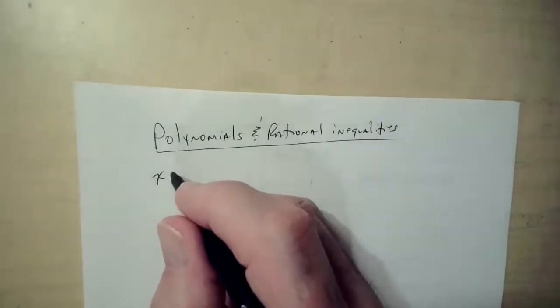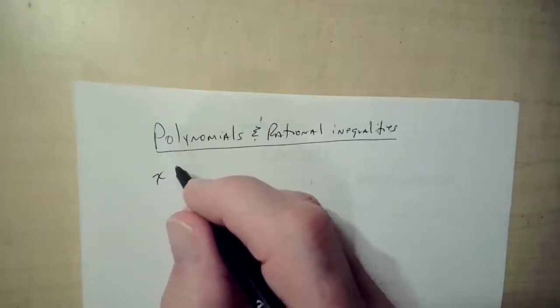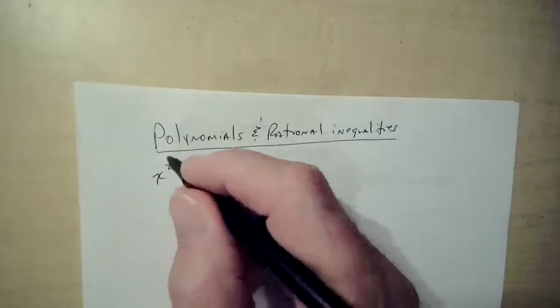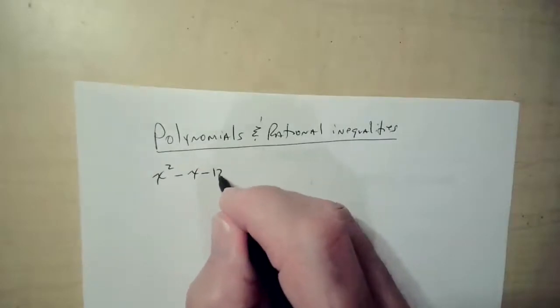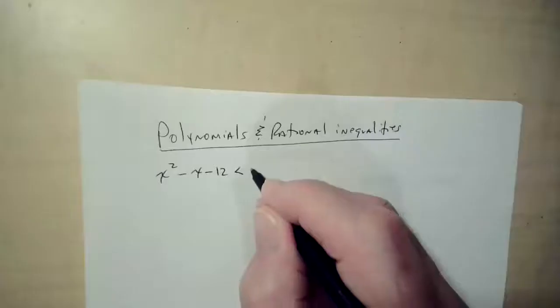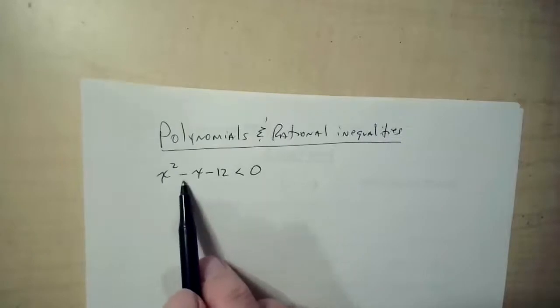Okay, so what if we have this? Now we're finished with absolute value for now. X squared minus x minus 12 is less than 0. Now we want the factors of it.